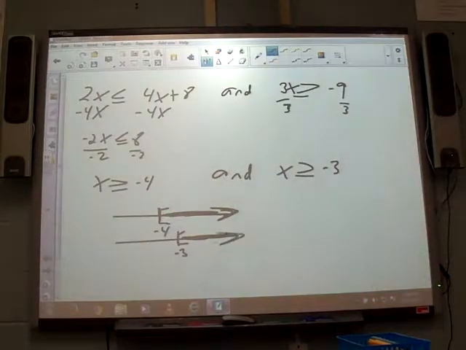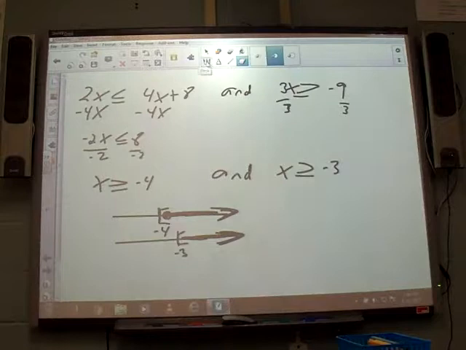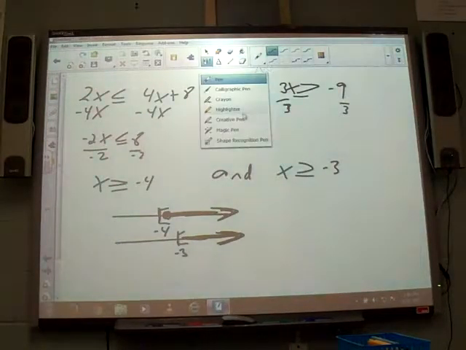Now remember, this is an "and," so I'm looking for numbers that can be in both of those shaded sections. If I am back here, am I in both of them? If I jumped off of this number line where I'm circling right there and landed on the other number line, would I be in the shaded part? No. So the part that's in both of them would only be from the negative 3.